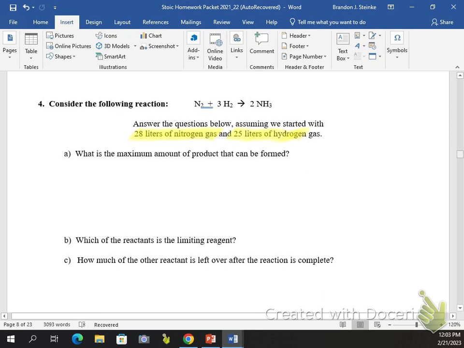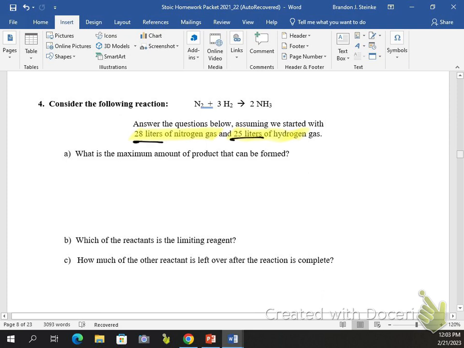Y'all see that? Once again, these are part of your notes, guys. This is an example that should be part of your notes where you're writing extra stuff beside it. I give you both reactants. I cannot do a limiting reactant question without giving you all of the reactants. You see that's silly? If I give you both reactants, that should be a big red flag of, okay, I need to use both of these. These are both givens.